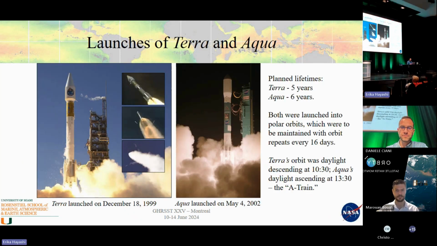The first of the Earth observing polar orbiters was Terra, and it was launched in the closing days of 1999. There was a lot of political pressure to launch before the year 2000. It was already many, many years behind schedule. Those of you who remember the year 2000 will remember the Y2K bug, which caused a great deal of concern because most computer operating systems only had 2 digits for the year.